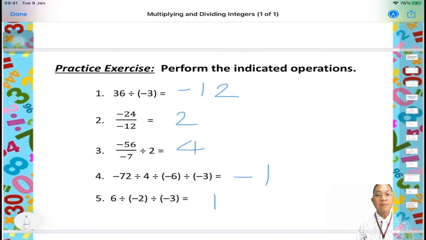Still the same, 10 items, and you're going to answer on the report paper or A4 and submit your work on my table tomorrow. Okay?